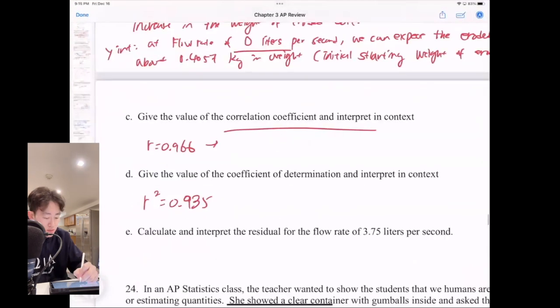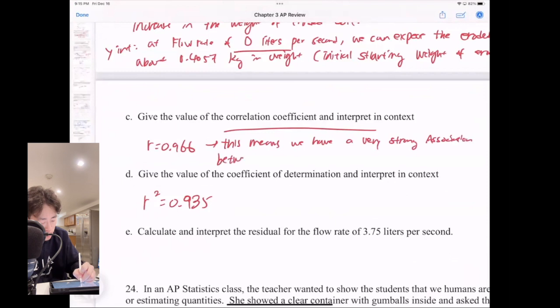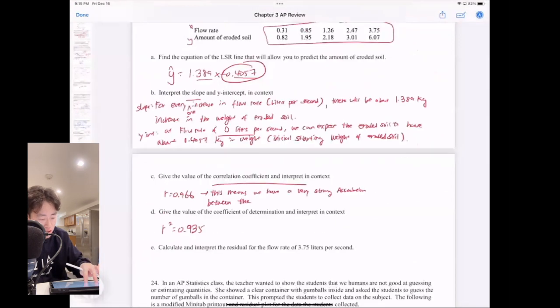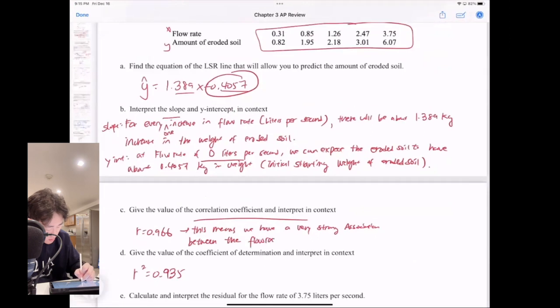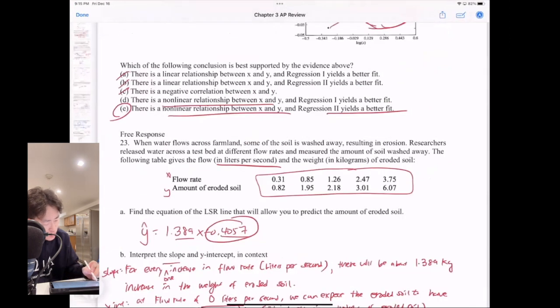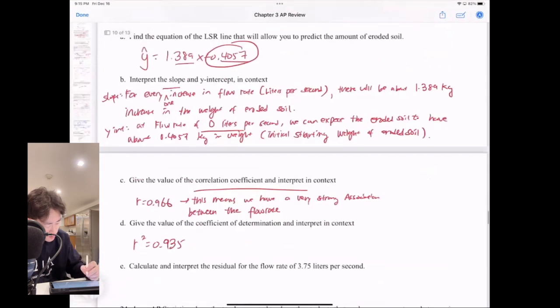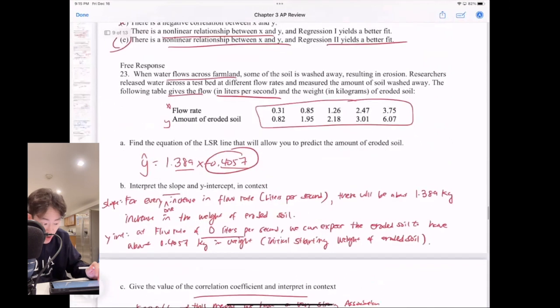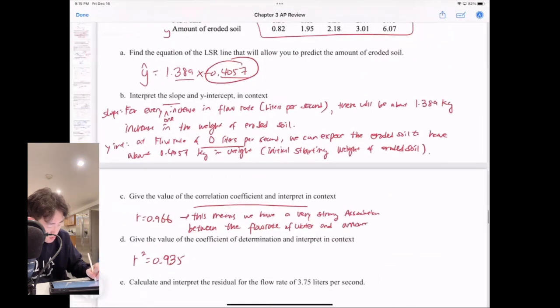So interpreting this means we have a very strong association between the flow rate of water and the amount of eroded soil. All right, so that should take care of part C right there.